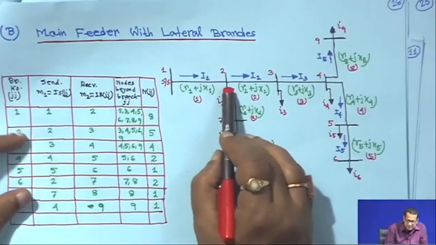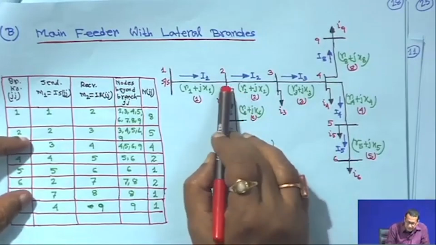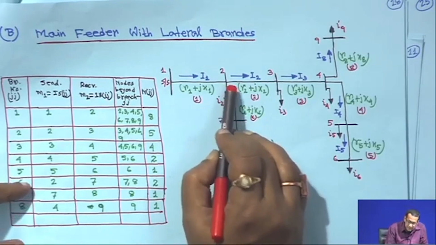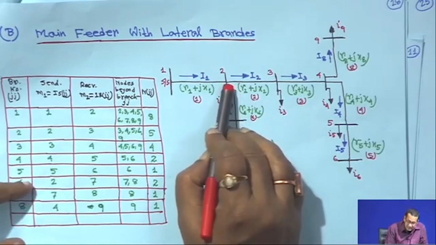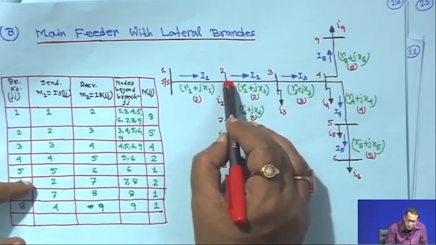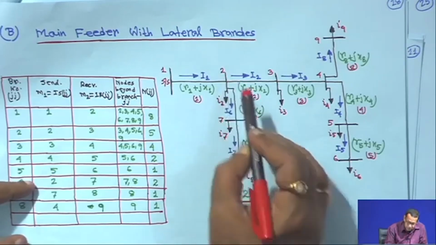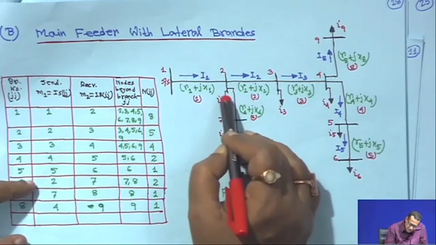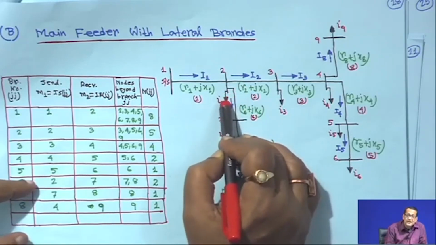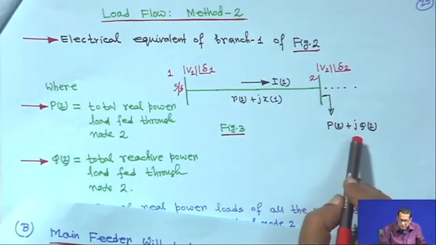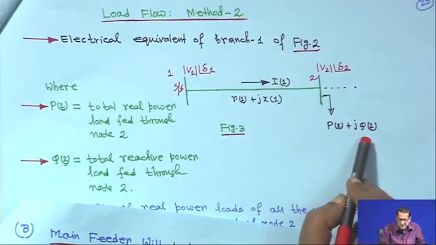This is your node 2, so the total load fed through node 2 means the load at the exit of node 2, this branch 6, and whatever power is going to the load. That is the total load fed through node 2, P2 plus JQ2.